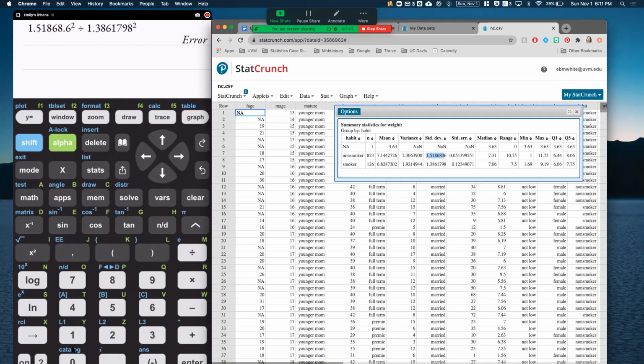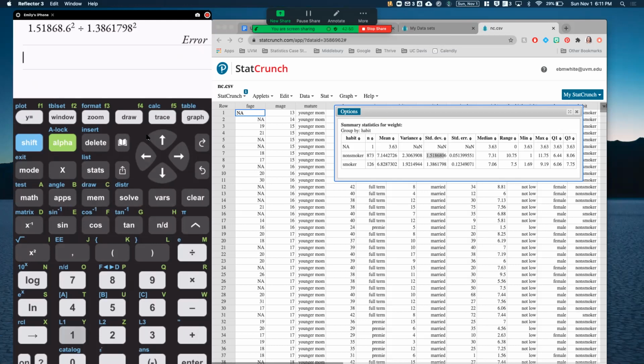Why is that giving me an error? 1.51868. Oh, because there's 2 decimal places. 1.5186806 squared divided by 1.3861798 squared. This should work better. Okay, there we go. So the ratio there is 1.200.